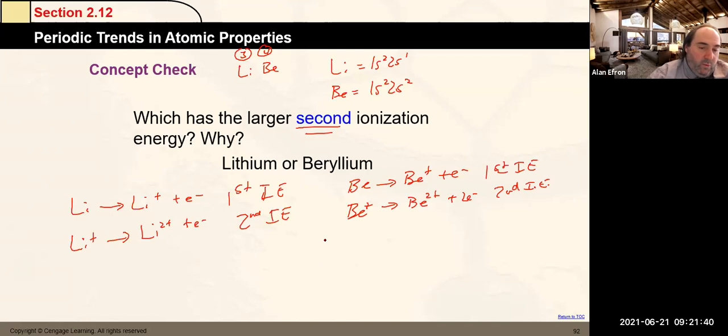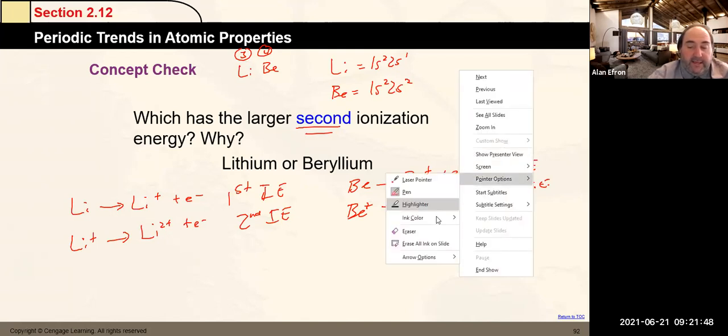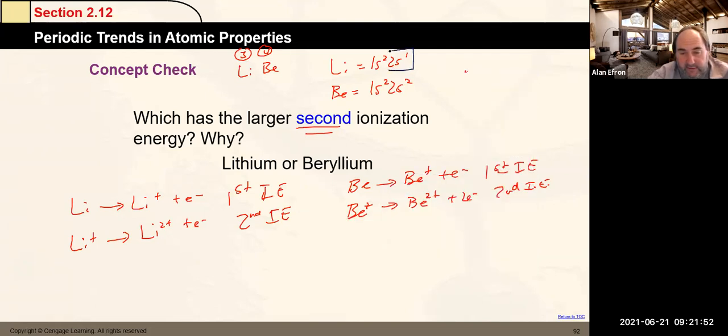Well, let's think about what this does in terms of electrons. As we've talked about before, lithium, which is group 1, has 1 valence electron, which is this valence electron. Beryllium, which is group 2, has 2 valence electrons, since valence electrons equal the group number. So when lithium loses its first electron, it is the valence electron.